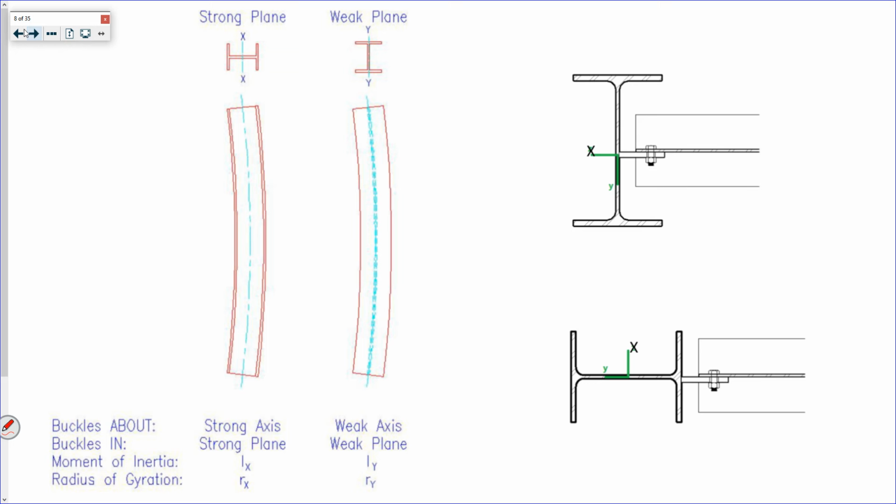I want you to look at this first one. And these two right here, strong plane, this is what buckling about strong axis looks like, where you would use your moment of inertia Ix and your radius of gyration Rx.